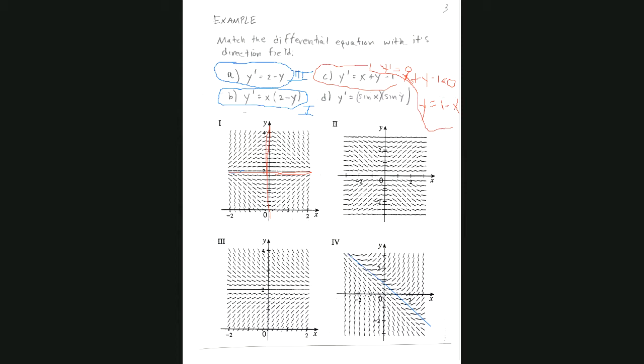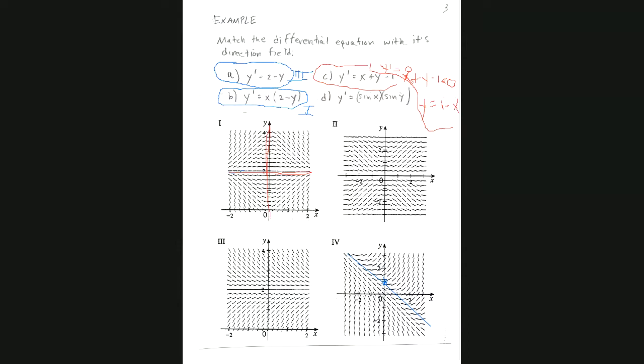It's right there, right? So hold on here. It's right here. Along the line y equals 1 minus x, the slopes are flat.